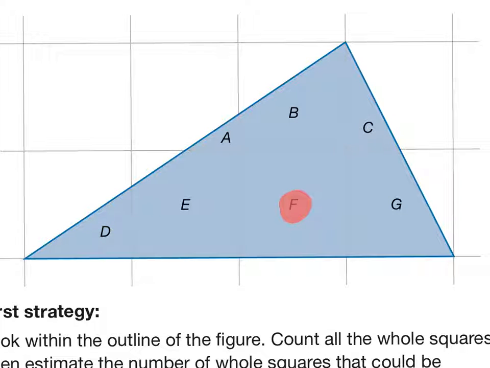For instance, if you see here, letter C actually would fill in this space here really well for G. So we're going to fill in C and G counting as one full square. And then from there, we're just trying to find other pieces that would look just like that. For instance, this piece for letter A would fill in letter E really well.